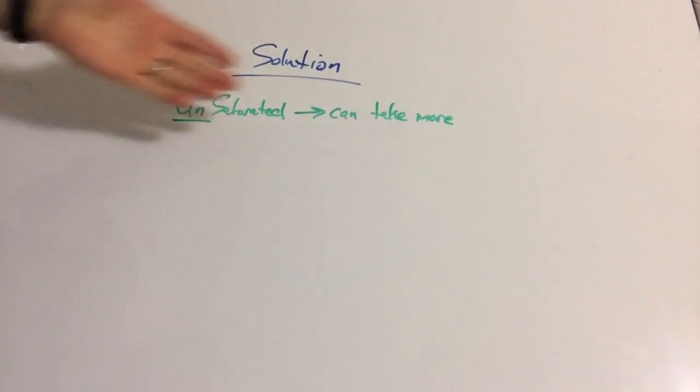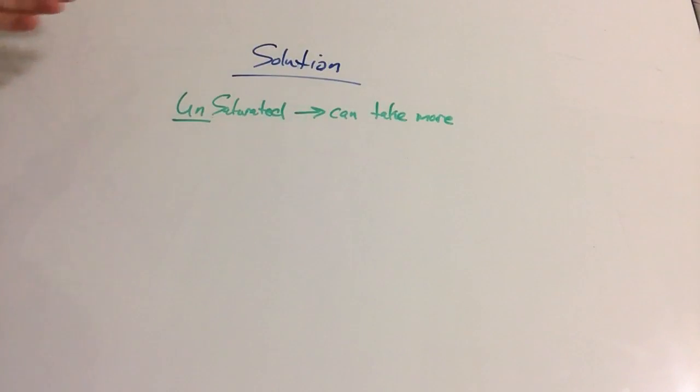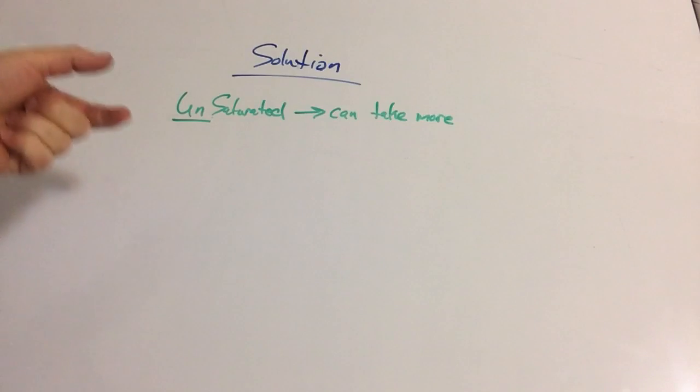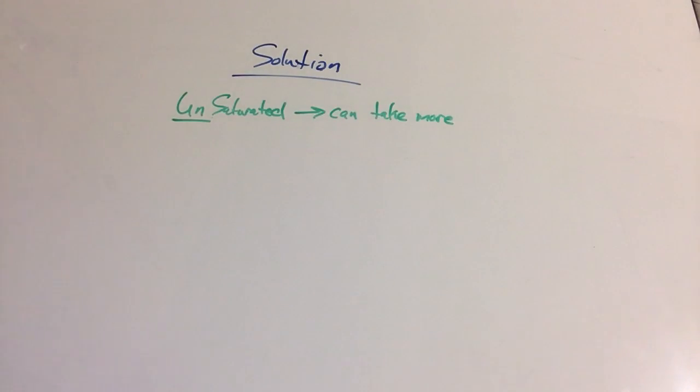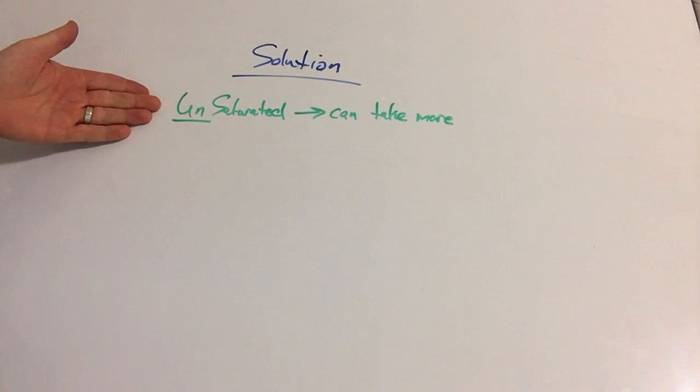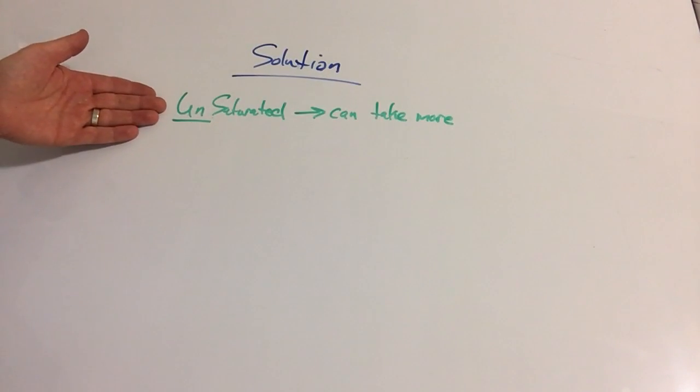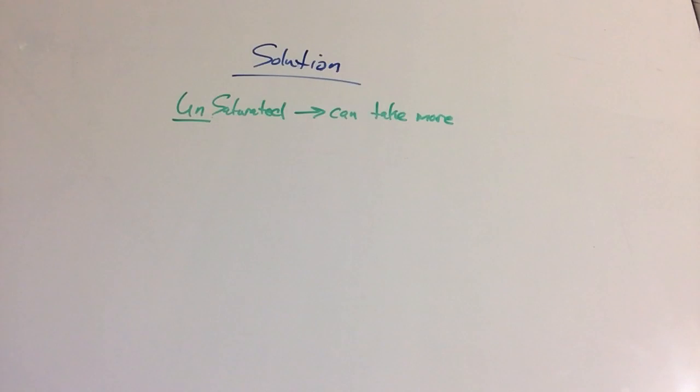It would be unsaturated because no matter how much coffee I drink, even if it's a tiny espresso, it can take a lot more than one pinch of sugar. So that would be unsaturated. Or another way I like to think of it is the person who is doing the hot dog eating contest right at the beginning. He's at like hot dog 1 or 2.